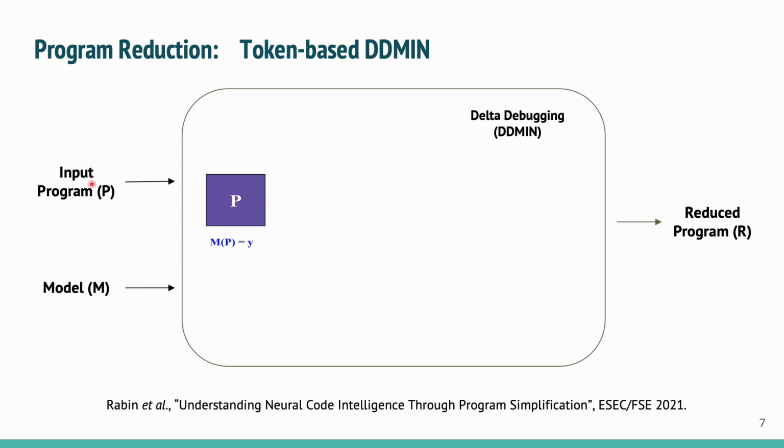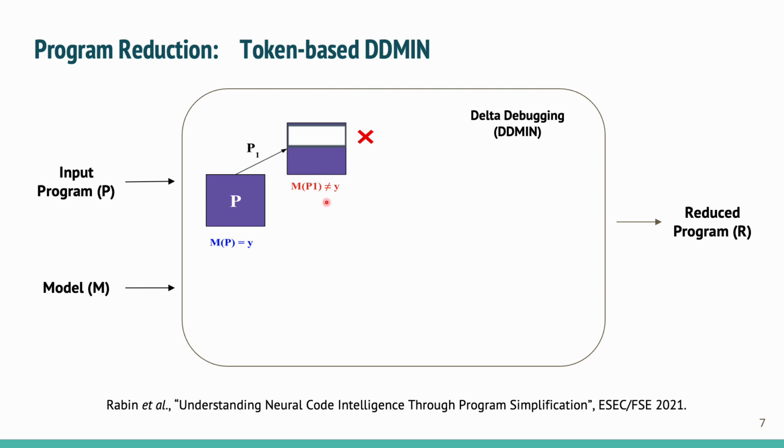Given an input program P and a model M, it first records the target prediction Y given by the model M on program P. Delta debugging then produces a candidate program by removing some parts from the original input program.